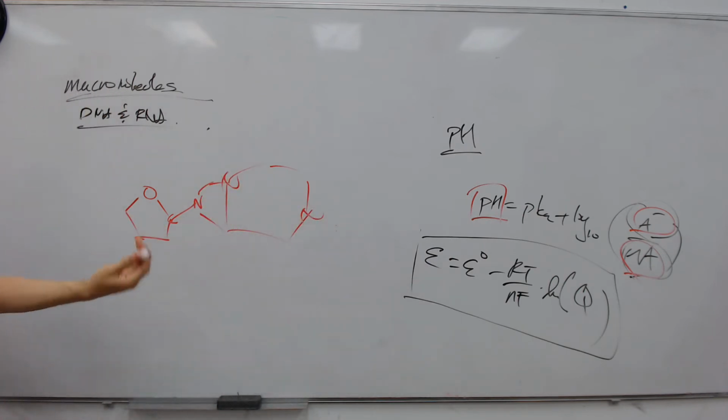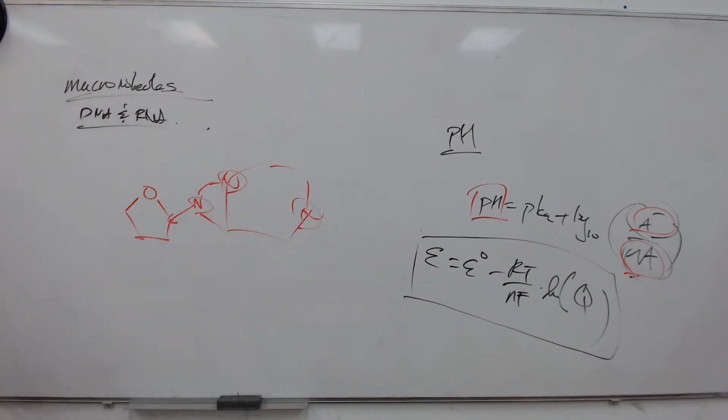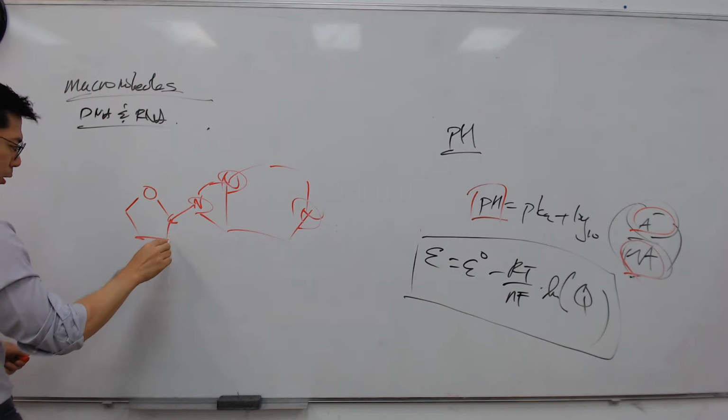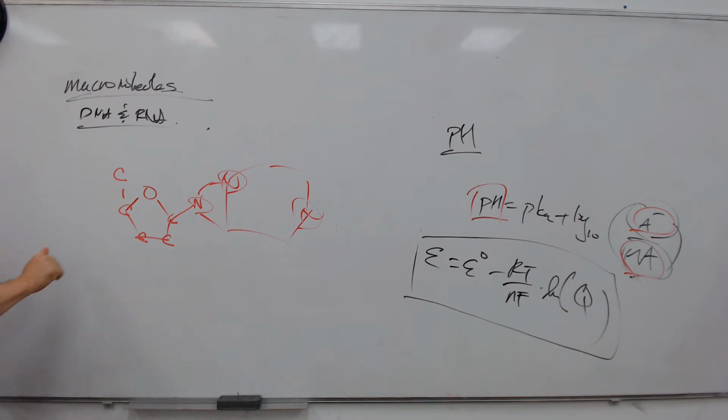In your textbook it doesn't matter where the nitrogen is, it's fine. Carbon 1, carbon 2, carbon 3, carbon 4, carbon 5. This carbon will have a phosphate group with oxygen on it. I'm not drawing hydrogen here.